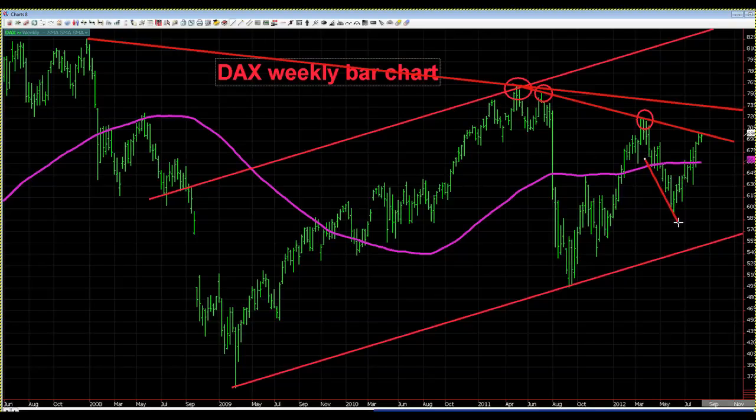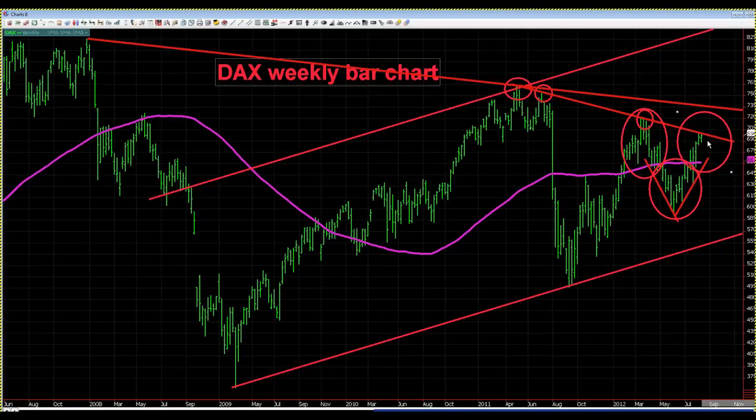A, V-shape. V's almost always produce some sort of a propulsion higher. And if you also want to use your imagination a little bit, you can say, oh, wait a minute, is this another one of Oscar's insane head and shoulders that he's always talking about? Well, yeah, on the weekly, it sure enough is turning out to be an inverted head and shoulders.